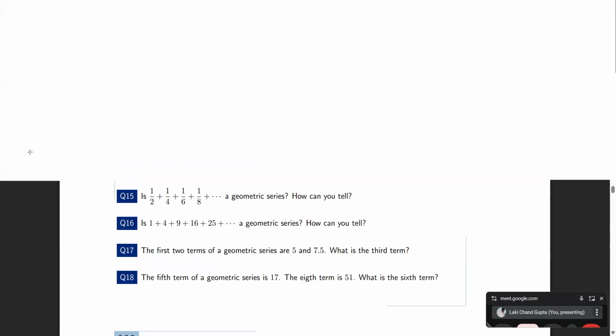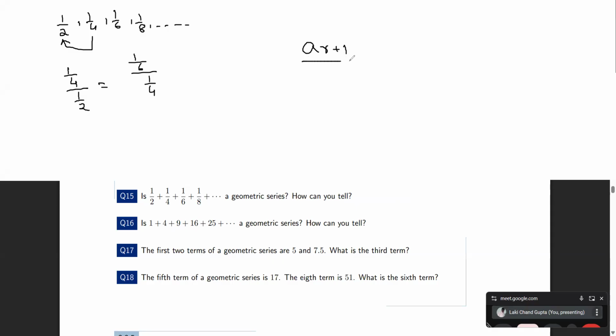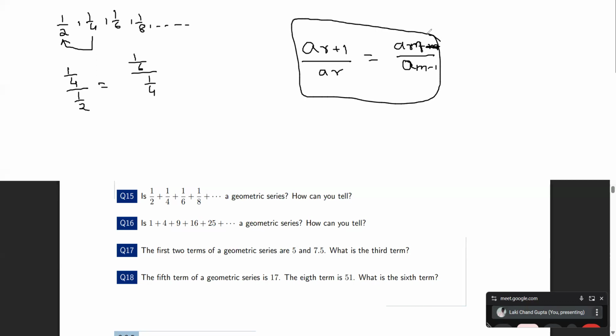Whenever you want to check a geometric series, divide the second term by the first term, then the third term by the second term. Whenever you divide ar^(n+1) by ar^n, you will get the same thing.